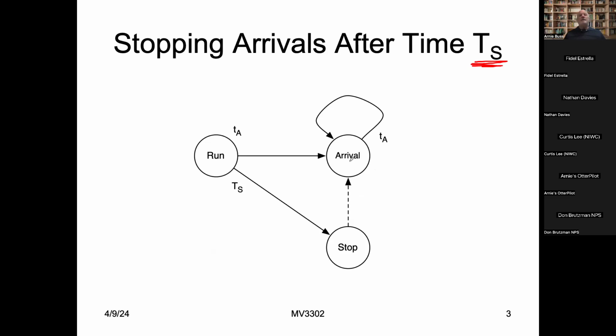If we had 1 million arrivals and put them all on the event list at the beginning, and wanted to stop at a particular time, we'd have to cancel maybe 500,000 other ones.